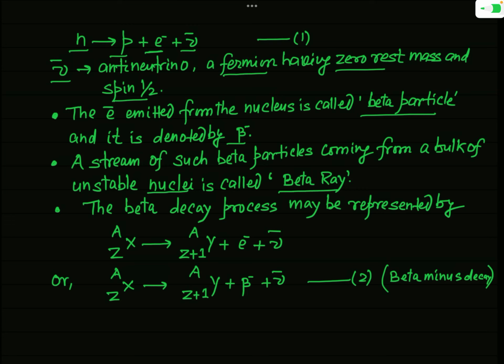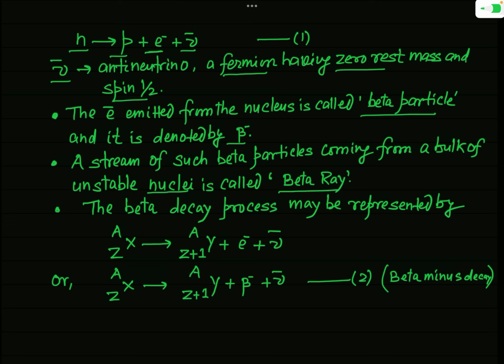Now this beta decay process, as you have seen here, is just a conversion of neutron into proton, and for the actual process we will consider a nucleus, and that nucleus will suffer the beta minus decay process or the electron emission process.